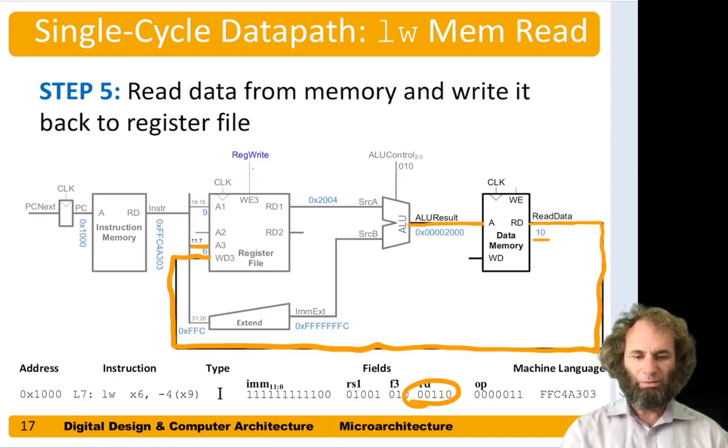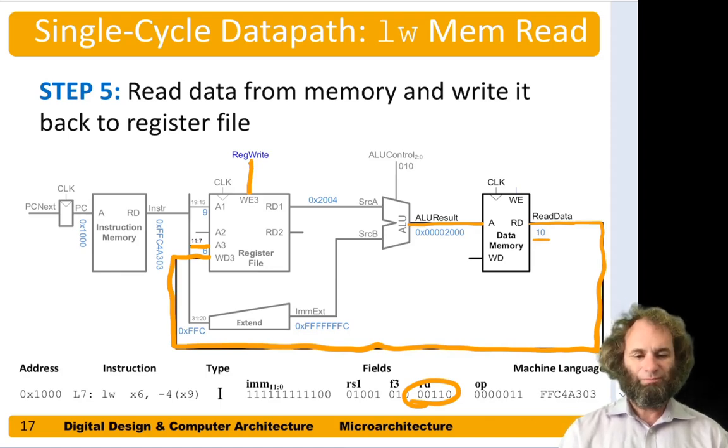So let's hook up bits 11 through 7 of the instruction to the register file, and let's add a control signal called Reg Read. And we'll assert Reg Read, so the value 10 will be written to register 6 at the end of this clock cycle. And that completes, almost completes, what we need to do for load word.